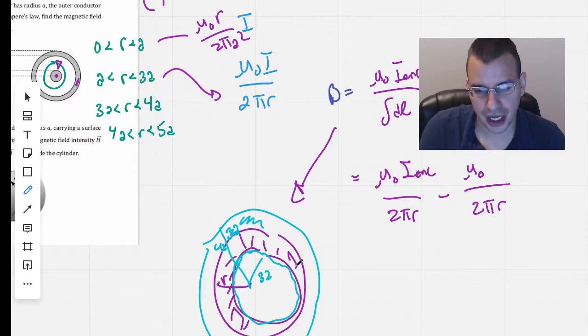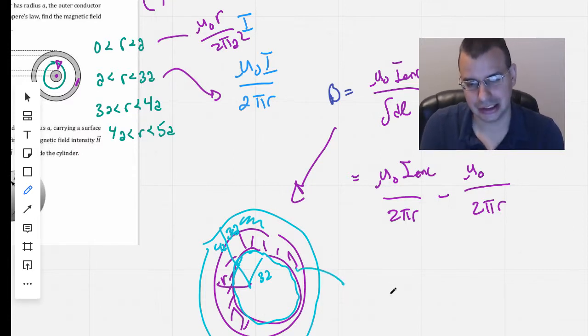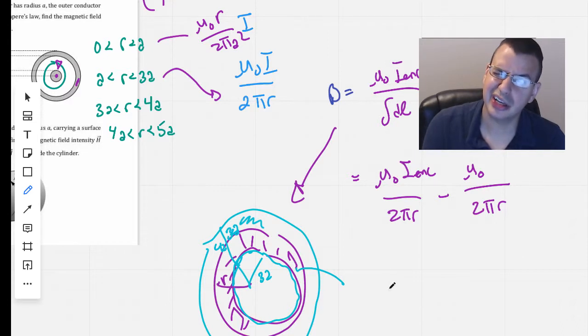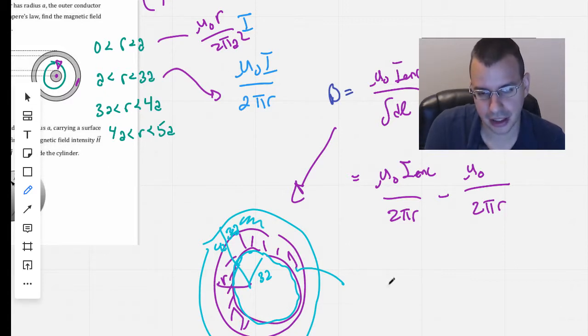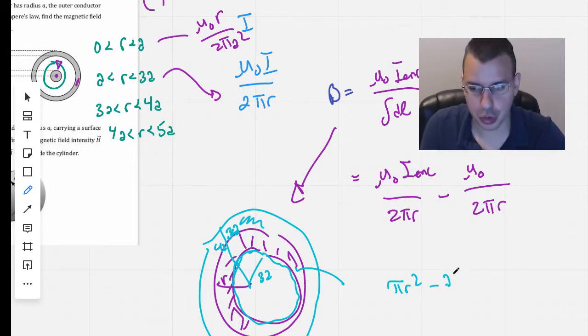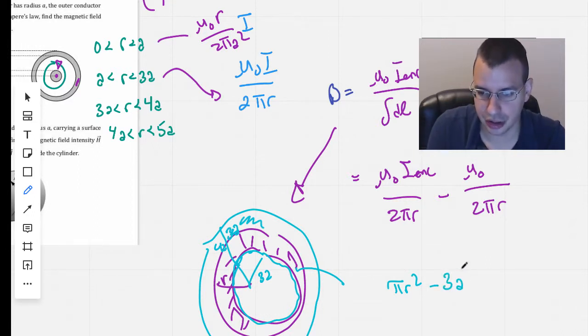And so I'm going to find the area of the inner ring, which would be, I guess it would be, wait a sec. So the area of our big one would be pi r squared, because pi r squared is the area of a circle. But then we'd want to subtract off pi 3a squared, which is the interior of the ring.